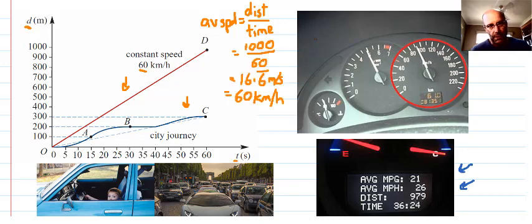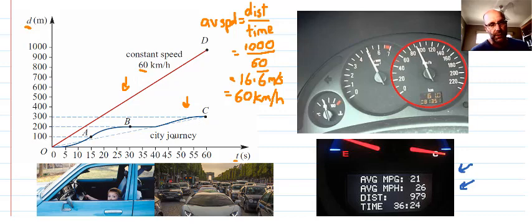So putting the calculations in, 1000 divided by 60 is 16.6 recurring meters per second, which we can convert to 60 kilometers per hour. Pretty obvious because the red vehicle's speedometer needle would have stayed on 60 over that whole period of 60 seconds. So it would have been easy to see.